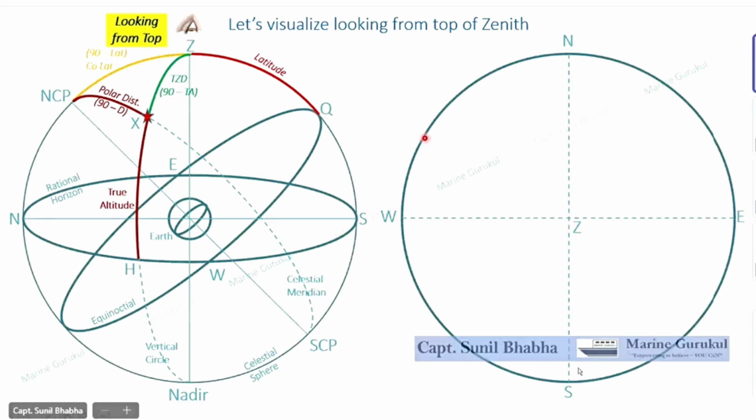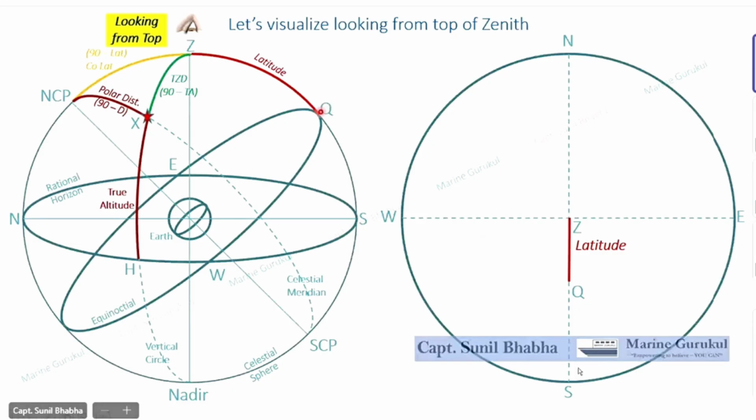From the zenith, when you move towards the S point and you move a distance equal to the latitude, you reach the Q point here. So we moved an arc equal to the latitude and reached the Q point. This Q point represents the Q point in this diagram.